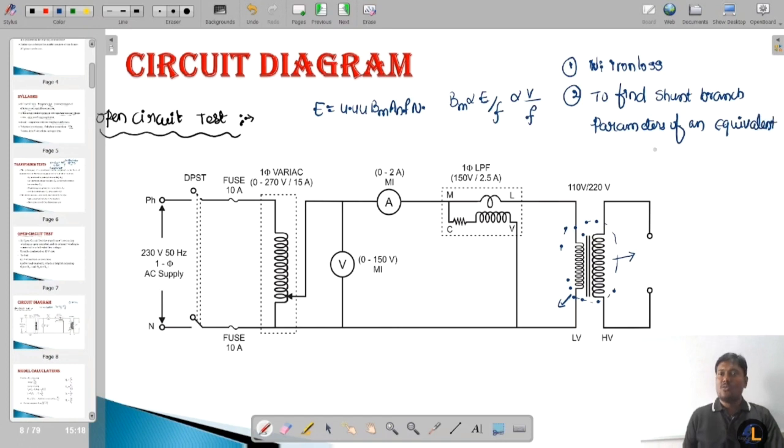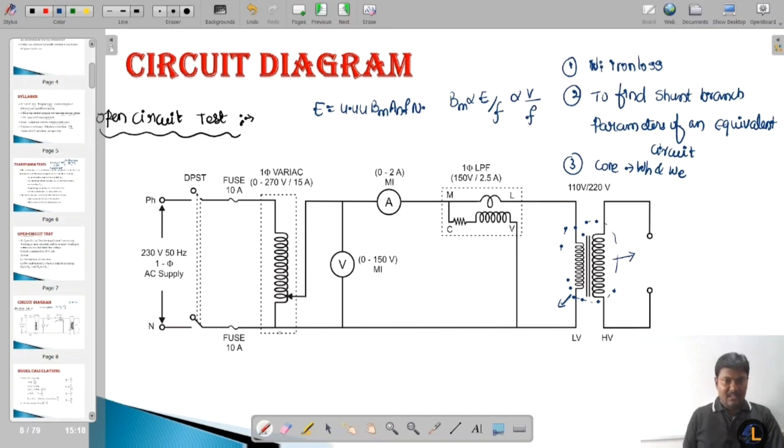So these are the two objectives of the open circuit test. And one more objective is also there, to separate the core losses into hysteresis losses and eddy current losses.